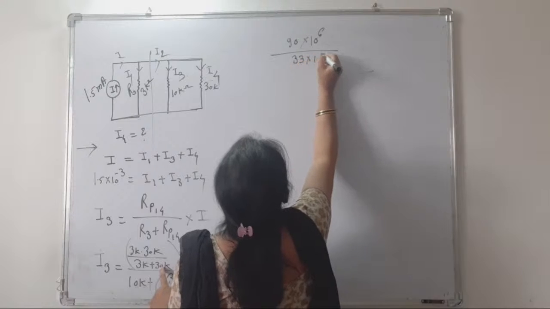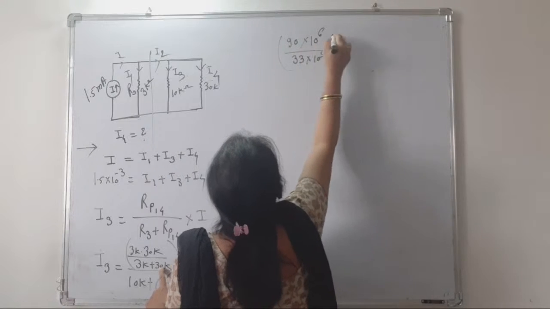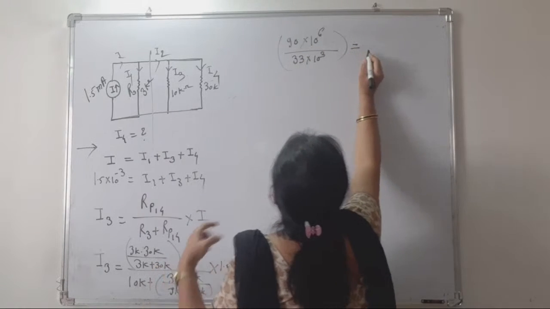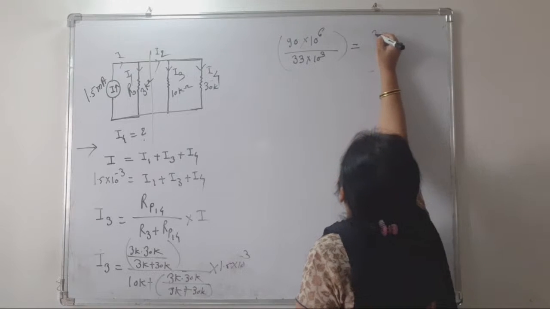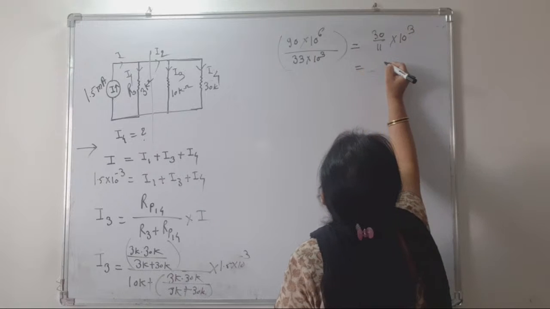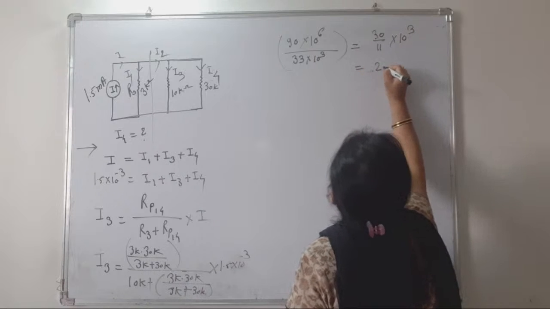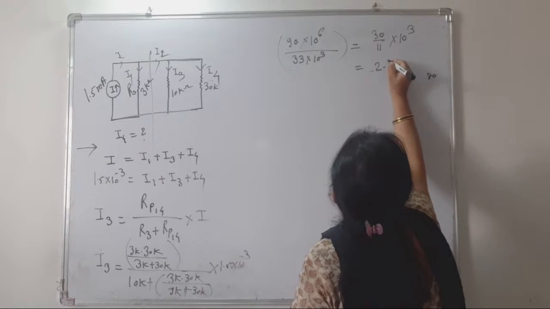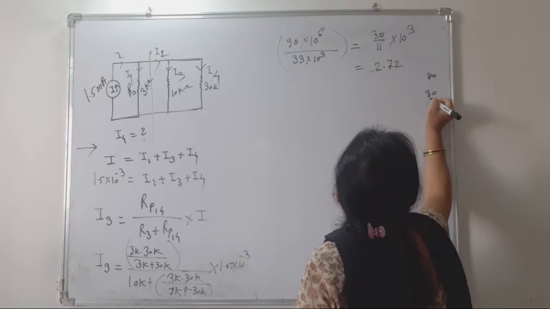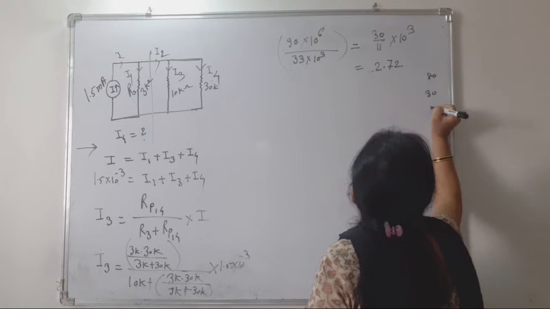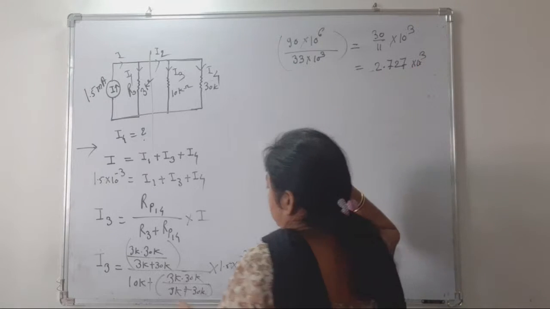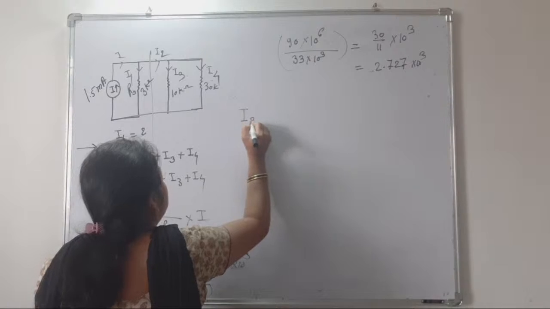So the value of that is 30 upon 11 multiplied by 10 raised to 3, which is equal to 2.727 into 10 raised to 3.